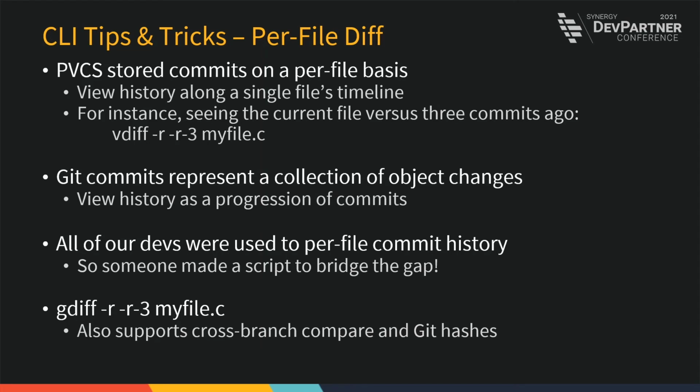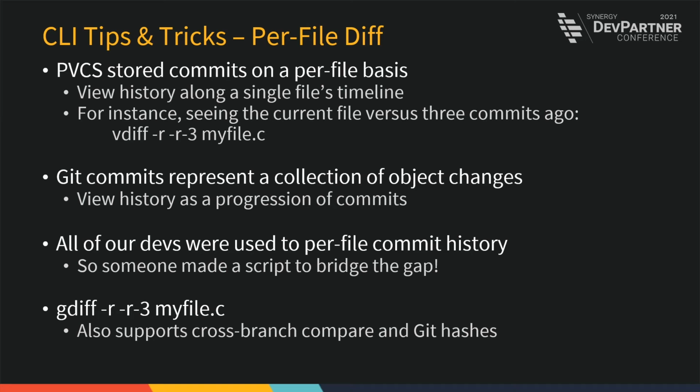Okay, so now that we have our custom Git tool defined, let's go about making the diff a little bit more useful when working on a per file basis. This is super relevant to our team since PVCS stored all of its commits on a per file basis, and our development team was used to operating on revision history that applied only to one file's timeline.